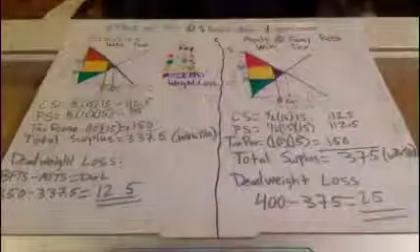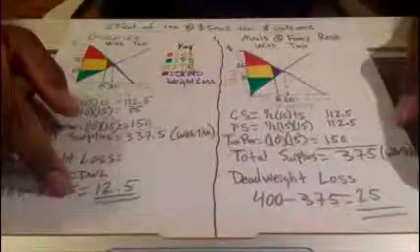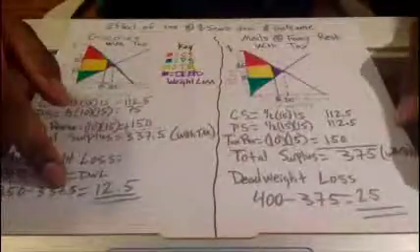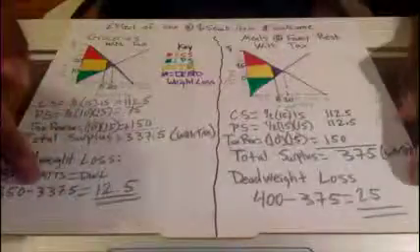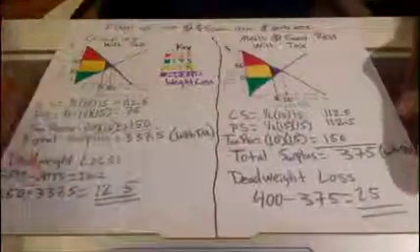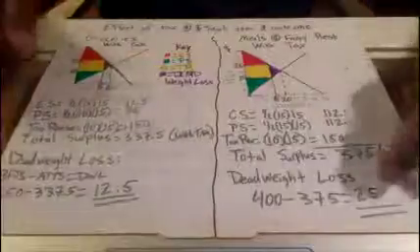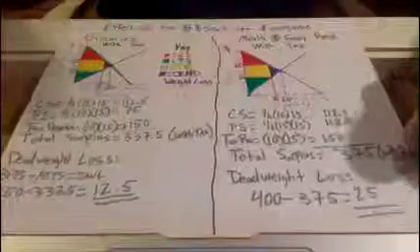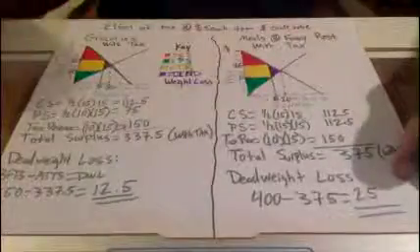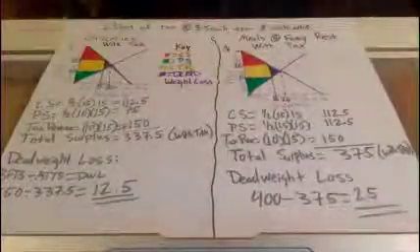So if we compare the two deadweight losses, the groceries, which was more of a necessity, has less of a deadweight loss, just like we said it would, than the meals at the fancy restaurant, which has more of a deadweight loss.